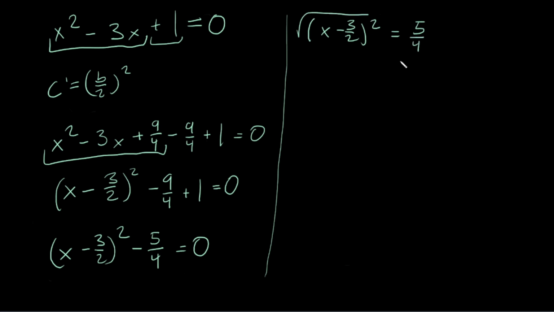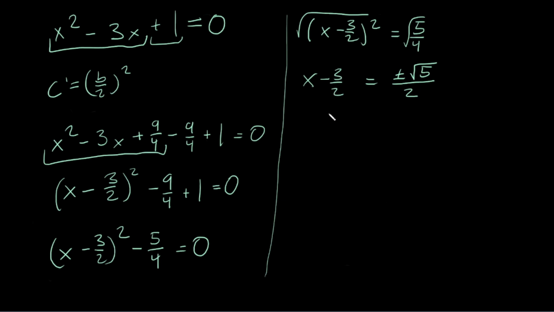Now we'll square root. So this becomes x minus 3 over 2, and on the other side, it becomes plus or minus the square root of 5 over 4, and this simplifies to plus or minus, we're going to keep it as an exact value, so root 5 over 2.